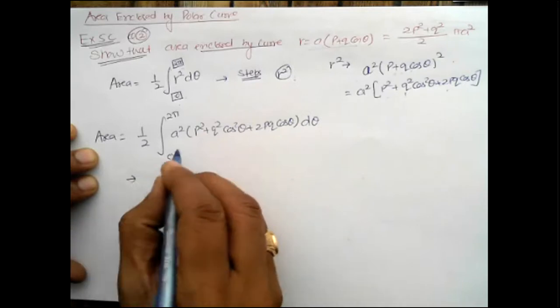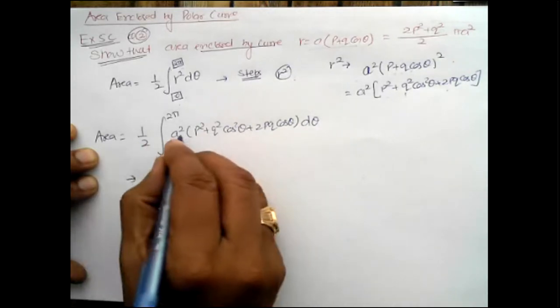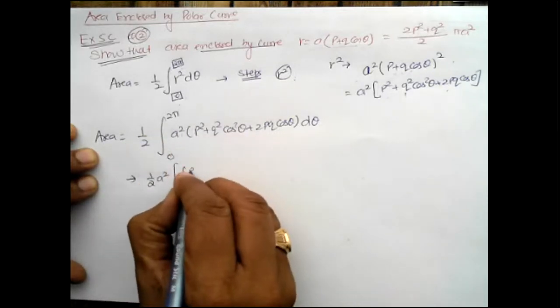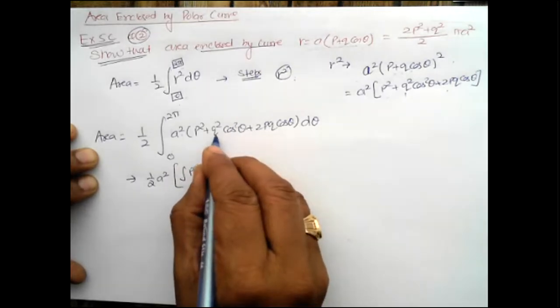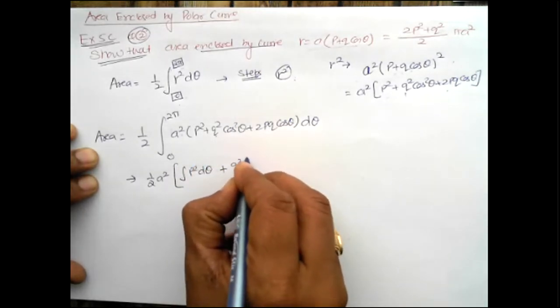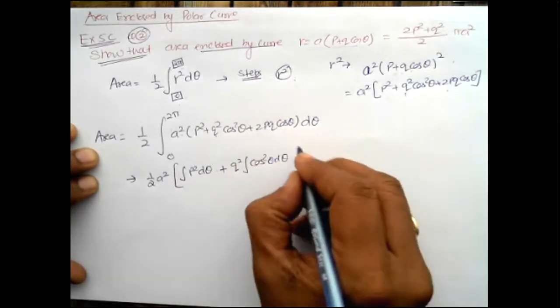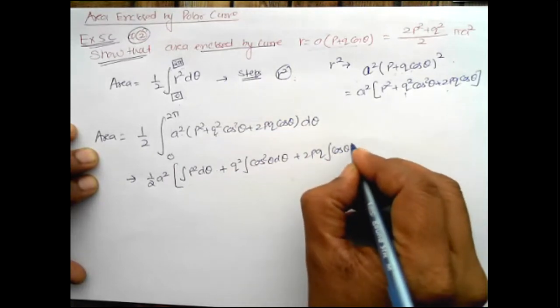So I'm rearranging. This is half a squared, which is common to everything because a squared will come out of the integral anyway. Then we have p squared d theta. Then, taking q squared as a constant outside the integral, we have cos squared theta d theta. And if I take 2pq common, that will be cos theta d theta.